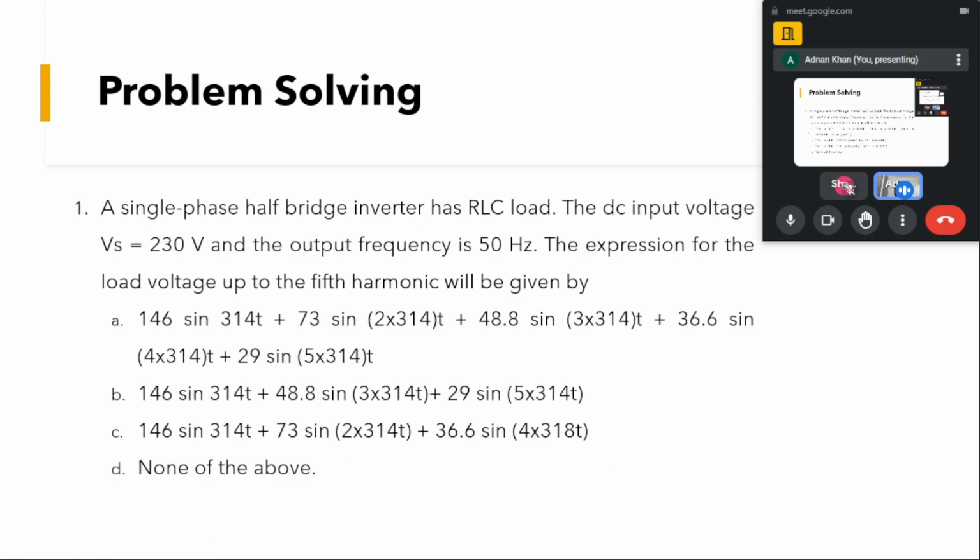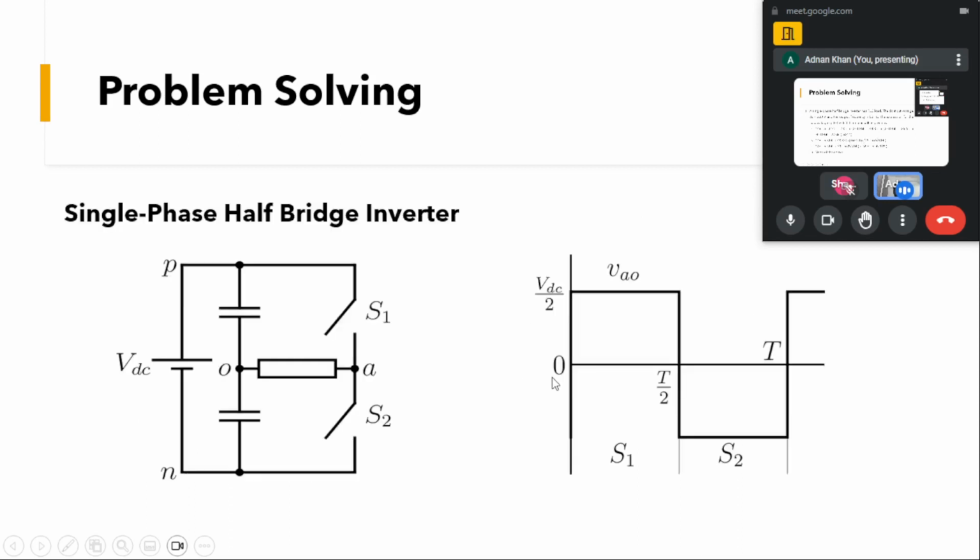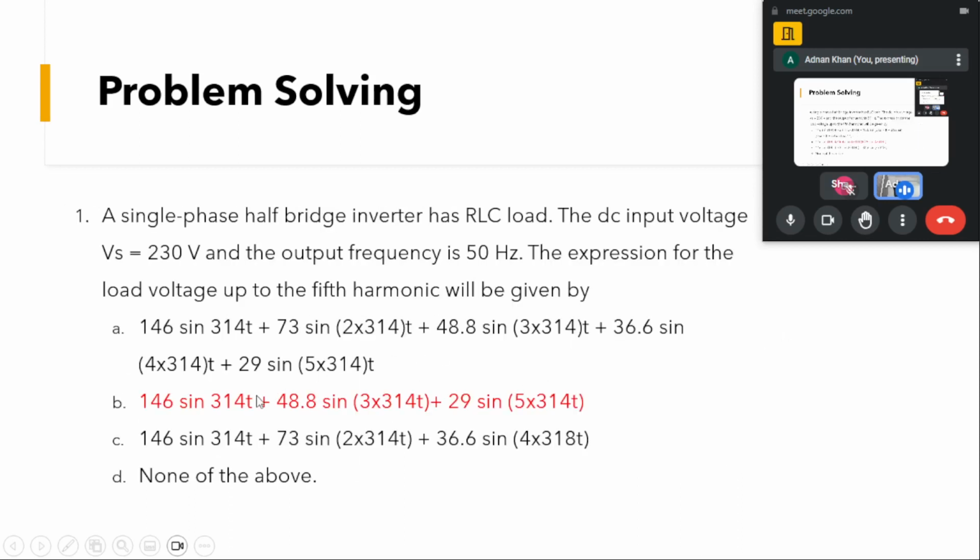So the amplitude of the first one is 146. If you divide that by 3, we'll have 48.8, and if we divide 146 by 5, we'll have 29. That is the correct option. So for question number 1, option B is the correct option.